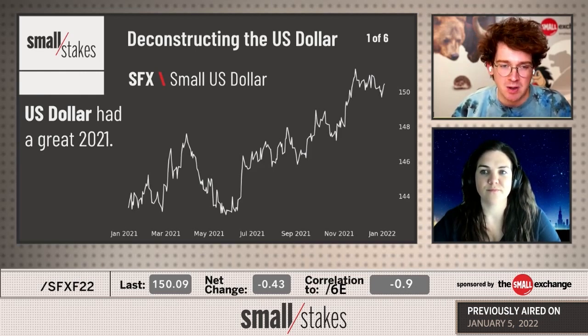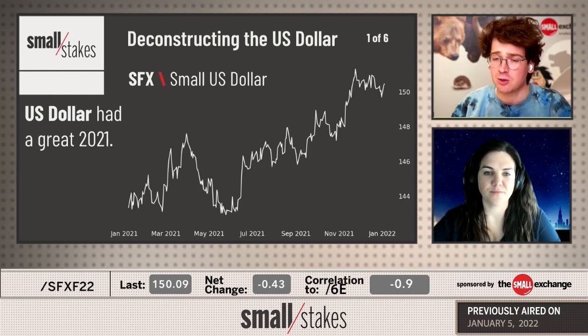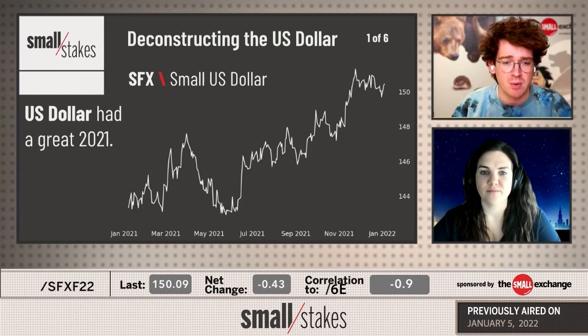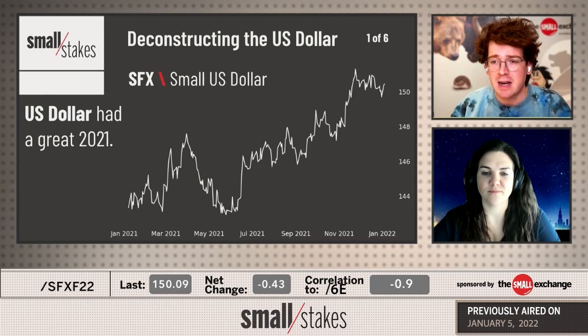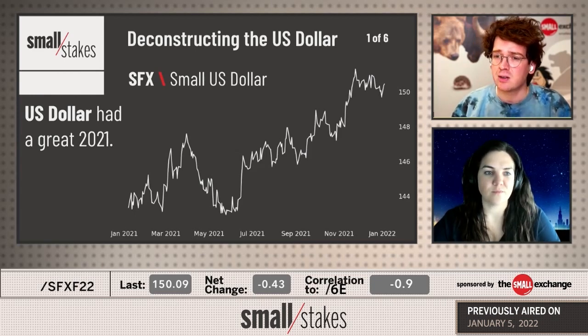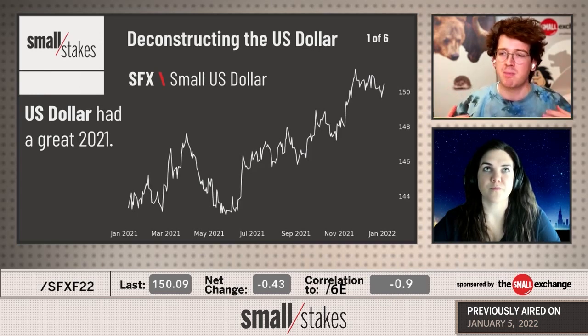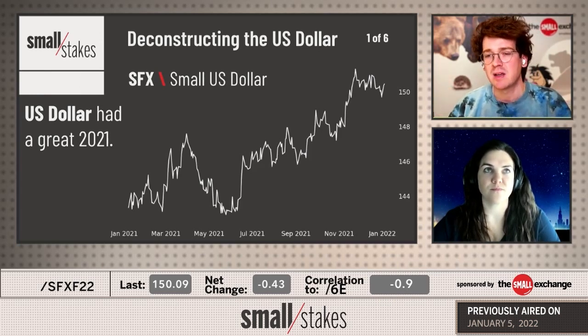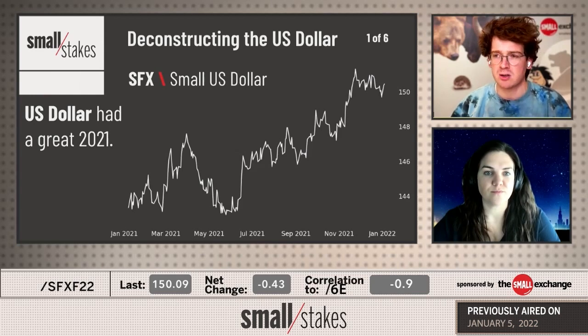You've got the small US dollar here right around its highs. It had a great 2021, up considerably from where it started last year. And at the end of 2021, Katie, it looked like the US dollar was going to start to come back. There was a considerable sell-off, with the Euro and British pound and the rest of the currencies moving higher against the US dollar.